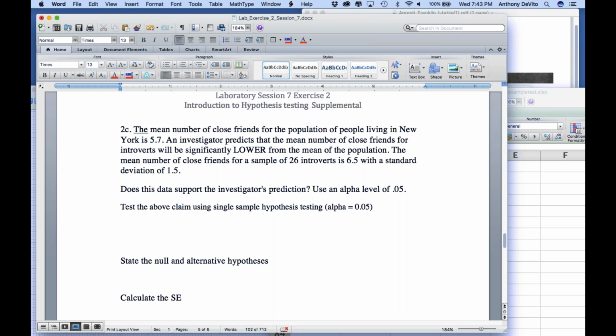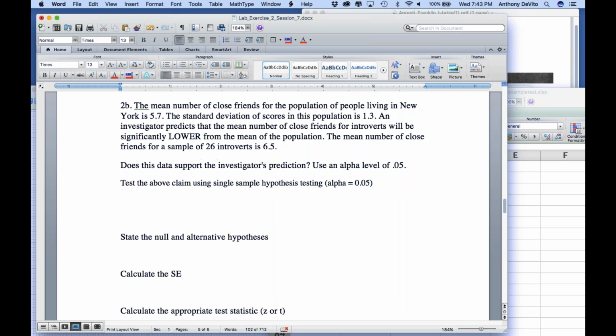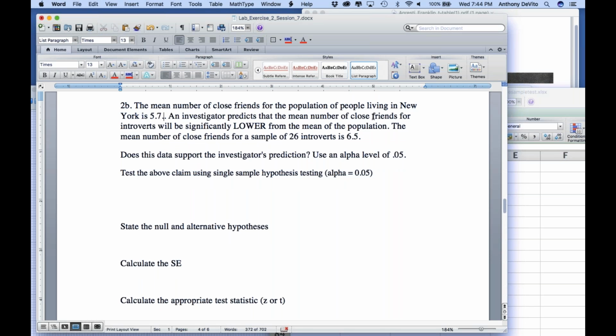Bored with that one. I want this one. Okay, I'm going to use this one right here. The mean number of close friends for the population of people living in New York is 5.7. That's known. Maybe some study that included everybody or something like that. And let's say I don't know the standard deviation of the population, so I'm going to take that out. Okay.